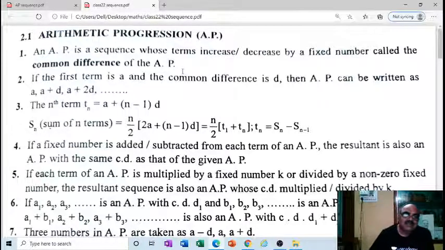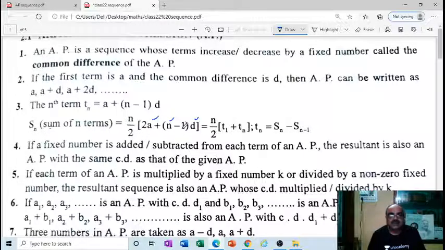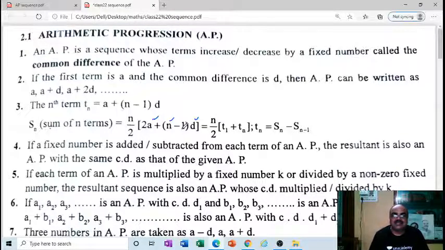That is given as n by 2 into (2a plus (n minus 1) into d). And what is n here? n is the number of terms, A is the first term, and D is the common difference. So n by 2 into (2a plus (n minus 1) into d) is the formula that is given for Sn.